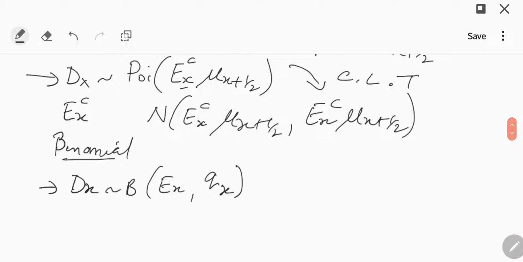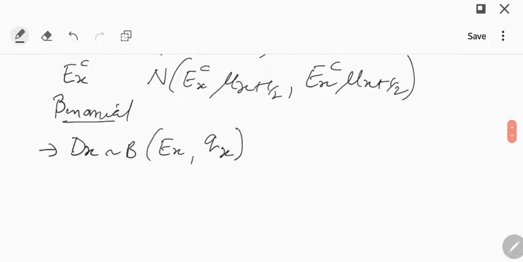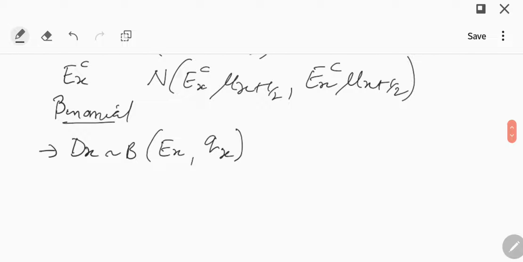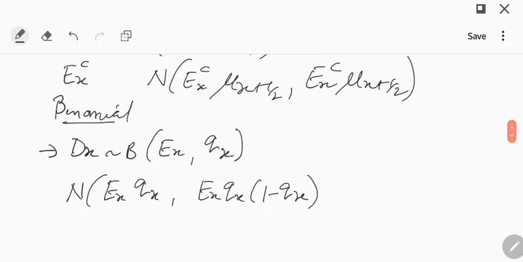Okay. So if the E x is also very large, the binomial distribution will approximate to the normal distribution with the mean of E x, which is exposed to risk, multiplied by q x, and the variance of exposed to risk multiplied by q x, then multiplied by 1 minus q x. Because the mean of the binomial distribution is np and the variance of the binomial is npq, or np(1 minus p).